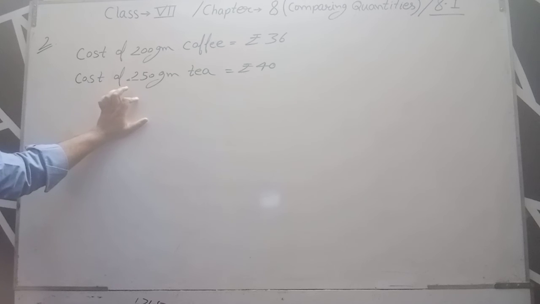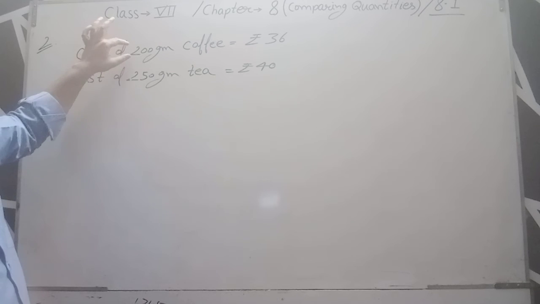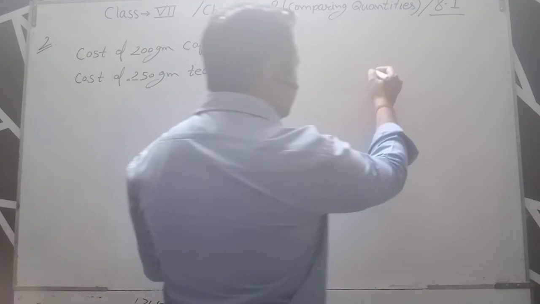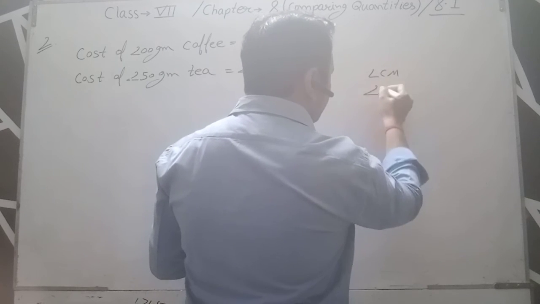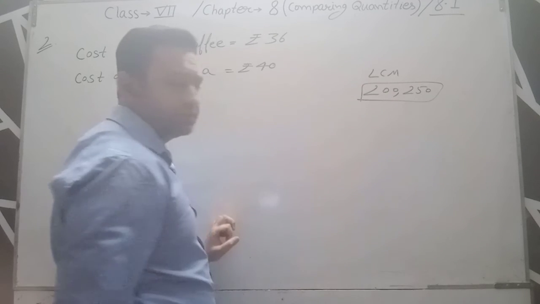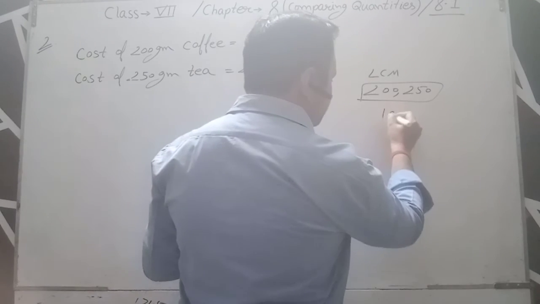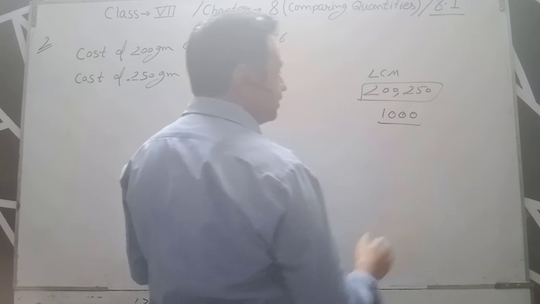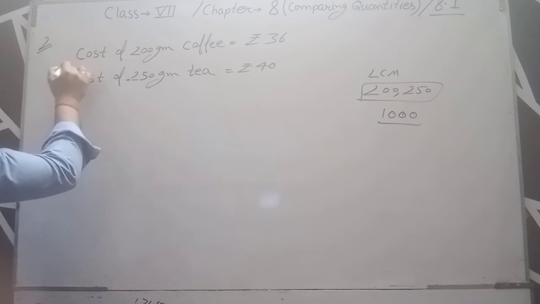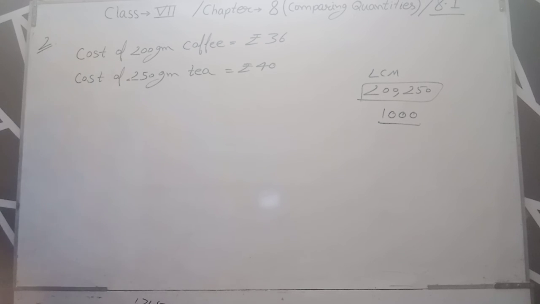अभी दो क्वांटिटी सेम कैसे होंगी? For this procedure we have to find the LCM of 200 and 250. LCM means the smallest number which is divisible by these two numbers, and obviously the number is 1000. So we have to find the cost of coffee and tea both for 1000 gram. 1000 gram means 1 kg. So we simplify the first sentence. Cost of 200 gram coffee is ₹36.